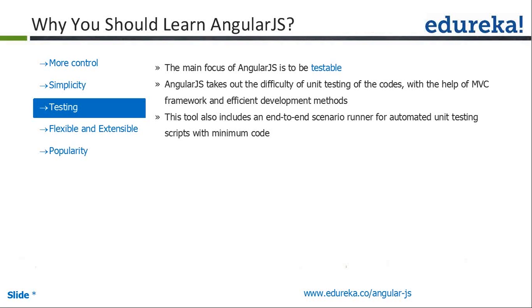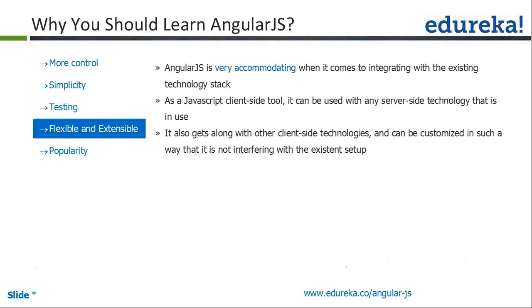Next one, testing. Whenever we build an application, we should be able to do unit test cases, as well as write testing for this application. If you use AngularJS, we can write the testing using Mocha or the Protractor tool. We can write end-to-end automated test cases.